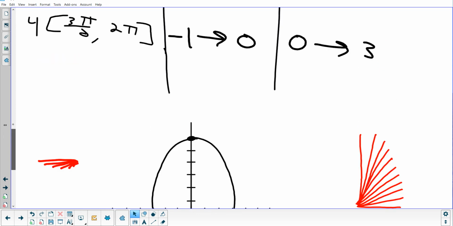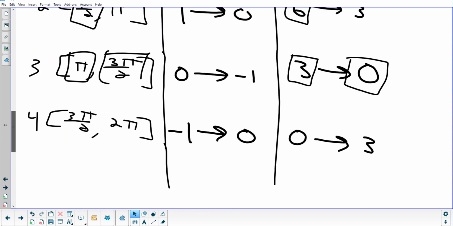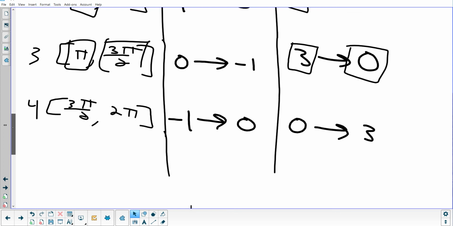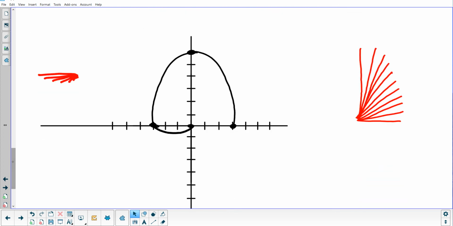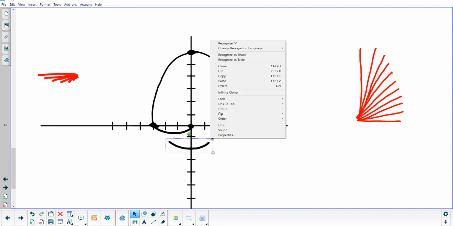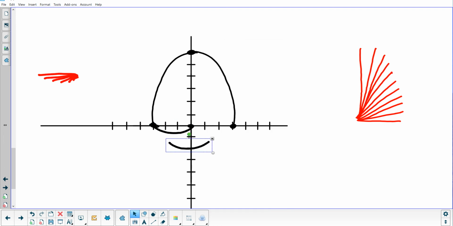And then they're growing again in the fourth quadrant, spiraling out from the origin, 0 to 3. So they're going to grow again. So let's clone that and just make a mirror image of it. And there's kind of what it pretty much looks like. I'm going to graph it on the calculator, but does anybody have a thought what they think it kind of looks like?